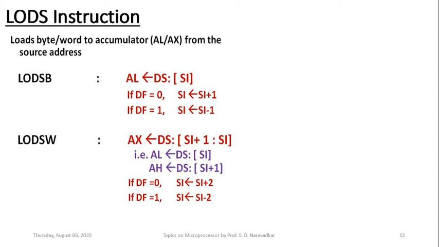That's why auto increment or decrement will be 1 in case of byte variation in order to get that next source address. Whereas in case of word variation, in order to get that next word, it is with an increment or decrement of 2 locations here. So this is about the load string instruction.